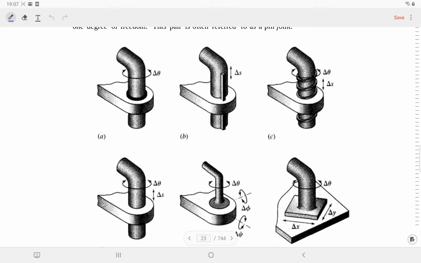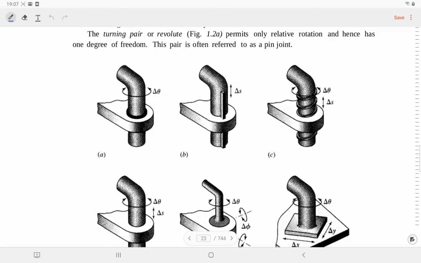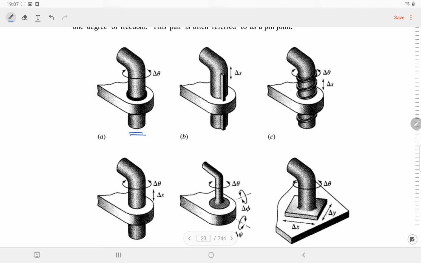Right. So the first one is known as a revolute or pin joint. The nature of this kinematic pair is that this is one body and this is another body. They are combined in such a way that with respect to body 1, body 2 will have a motion only by having a rotation along this axis.